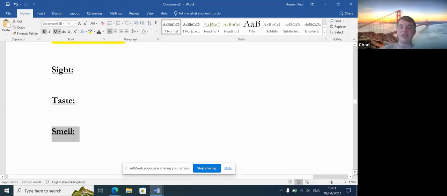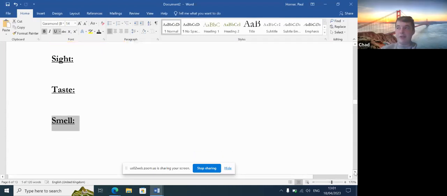So think about science here. Bunsen burners, gas, toxic fumes. Why is it so important to be able to smell? Think experiments, Bunsen burners. Why is smell important for a scientist?